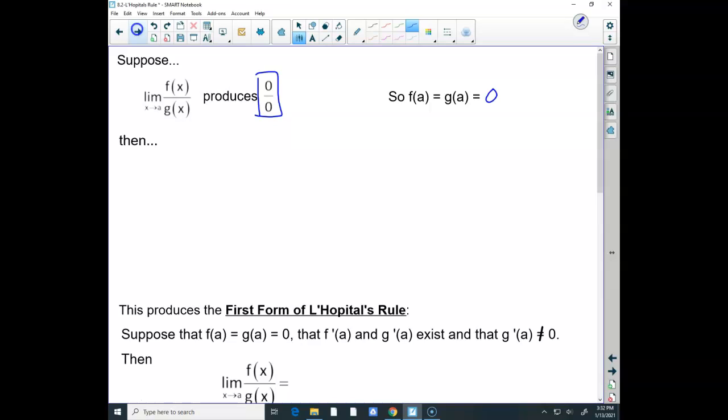So then what we're going to do is take this limit and algebraically manipulate this a little bit, because L'Hopital is a huge application, a shortcut for us to do a limit.